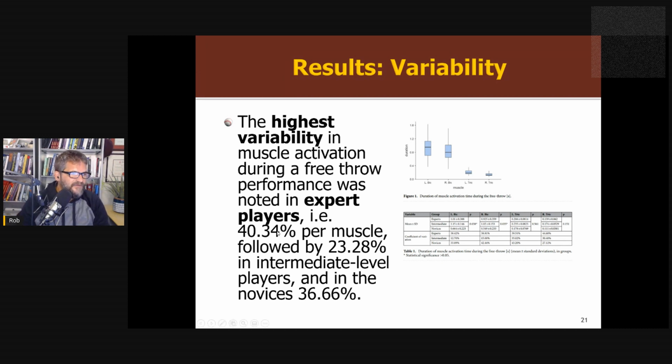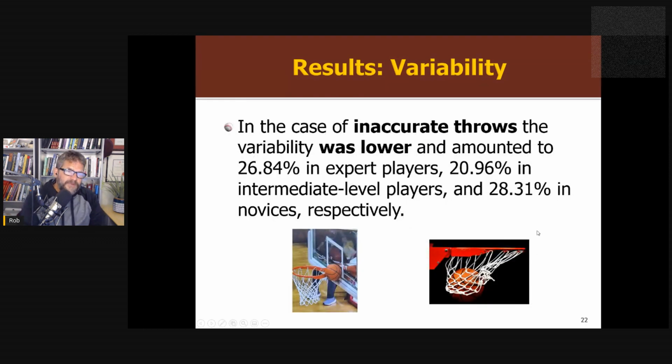The experts had 40%, the novices 36%, so the highest variability was in the experts. Furthermore, when they compared inaccurate versus accurate shots, the variability was lower for the inaccurate ones. People were more consistent when they were inaccurate, right? So this is not consistent at all with the idea that the key to successful free throw shooting is moving the same way every time.